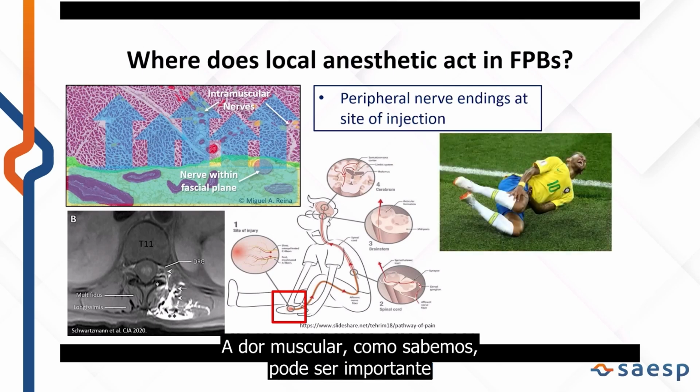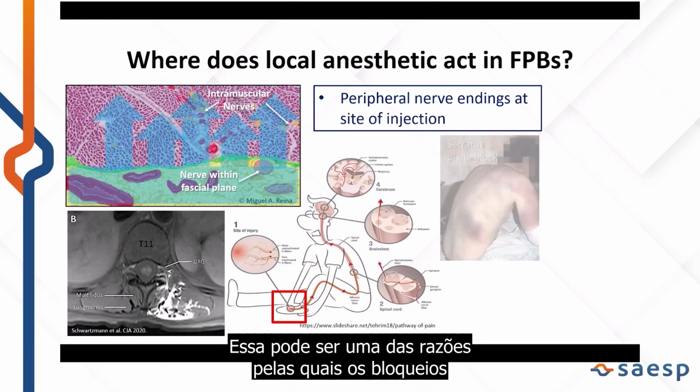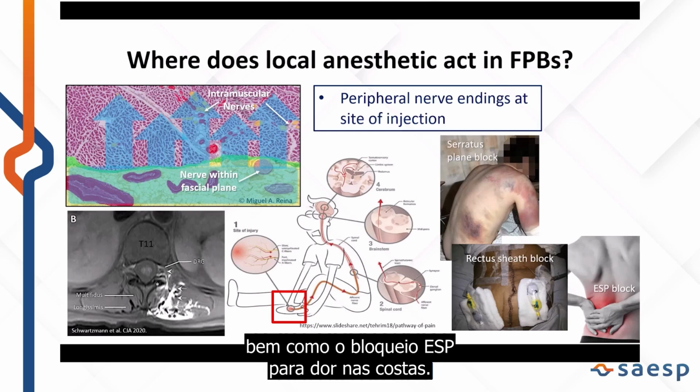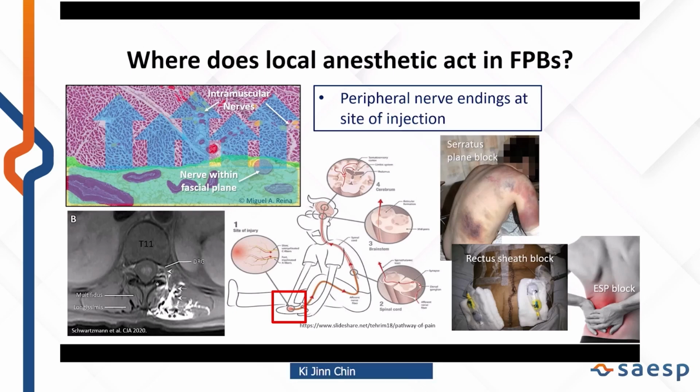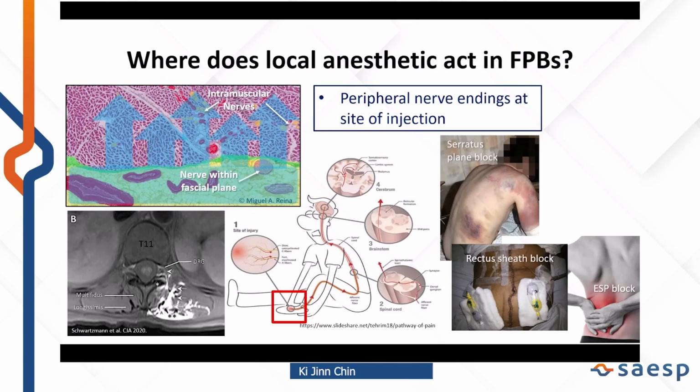Now, muscle pain, as we all know, can be significant, and it's a big factor in tissue injury. This may be one reason why blocks performed close to the site of injury, like serratus anterior plane blocks in chest trauma and rib fracture, or rectus sheath blocks in abdominal surgery and incisions, as well as the ESP block for back pain, can actually work quite well.